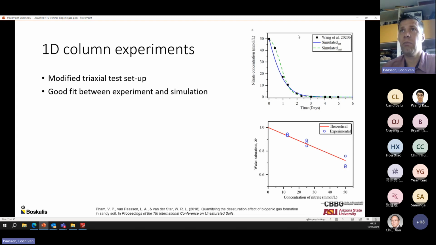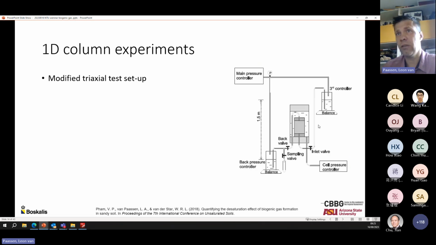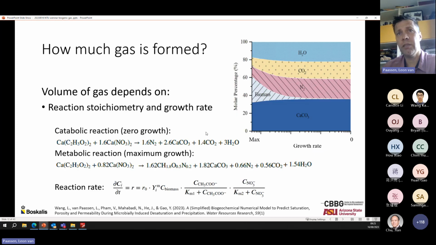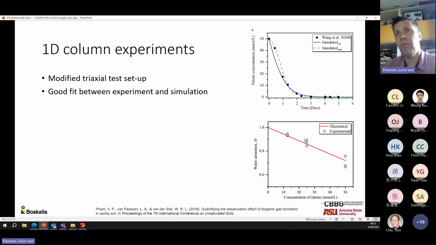With this modified test setup, we've done a lot of experiments, and one thing we could show is that the theoretical model which we developed could be fit to the experimental results. Based on the theoretical maximum amount of saturation, which we calculated using these kinds of equations, we demonstrated with experiments that depending on the concentration of nitrate as a substrate, you could predict with the theoretical model how much degree of saturation would develop.